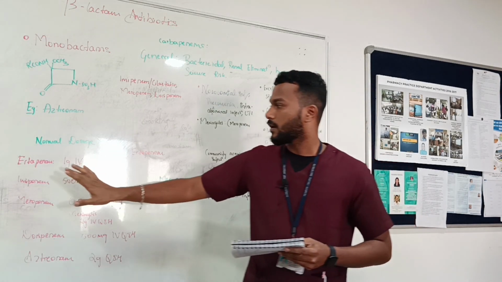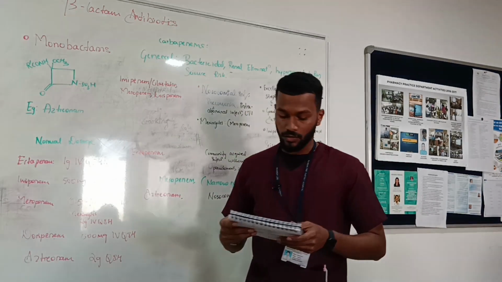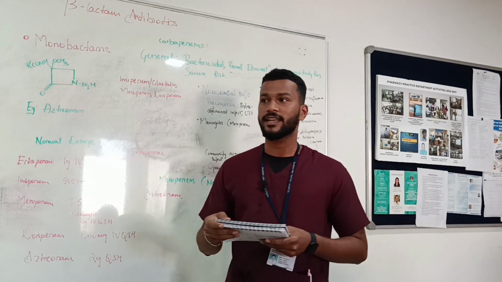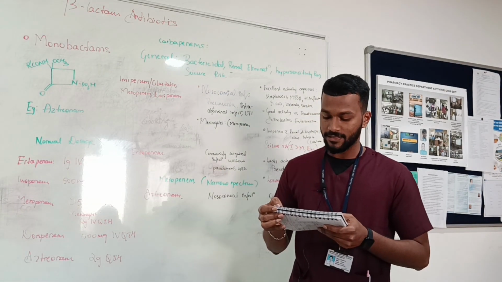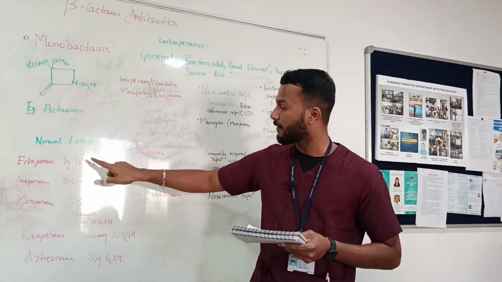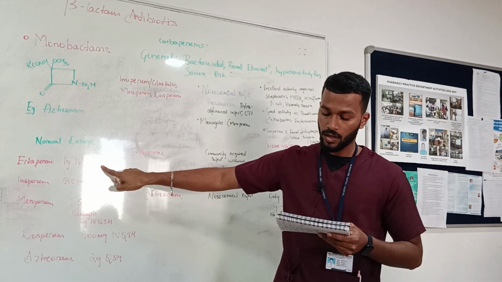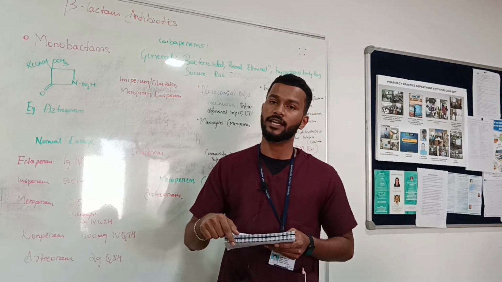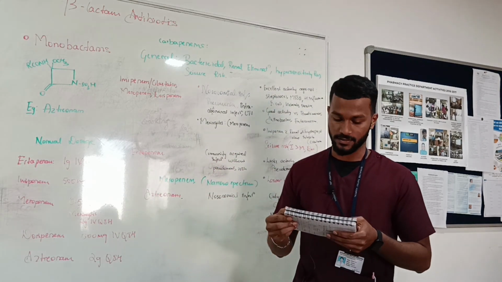In case of renal failure, that is creatinine clearance less than 30 ml, for ertapenem we have to give 500 mg every 24 hours. In case of hemodialysis also, we can give 500 mg every 24 hours.